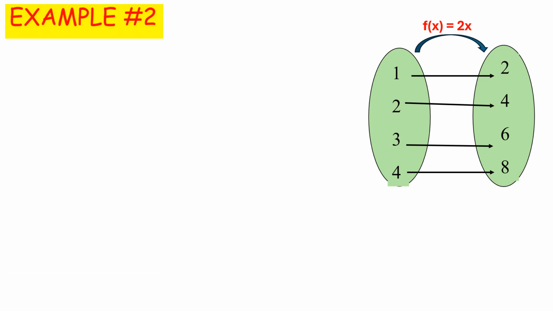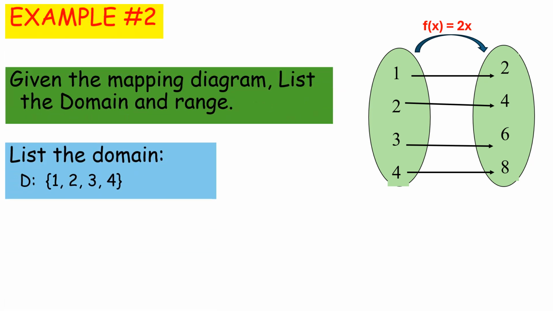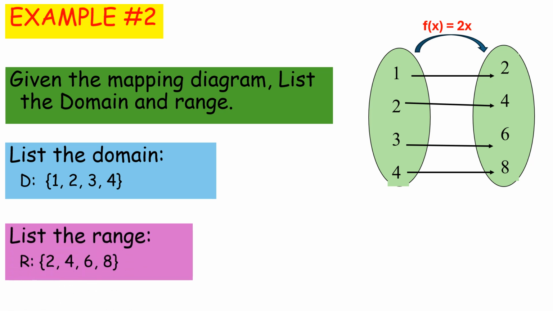So here we have a mapping diagram, and we're asked to state the domain, in other words, list the domain and list the range. So this will be our x and this will be our y. So you're plugging 1 into the function. So we substitute in 1 into the function f of x.